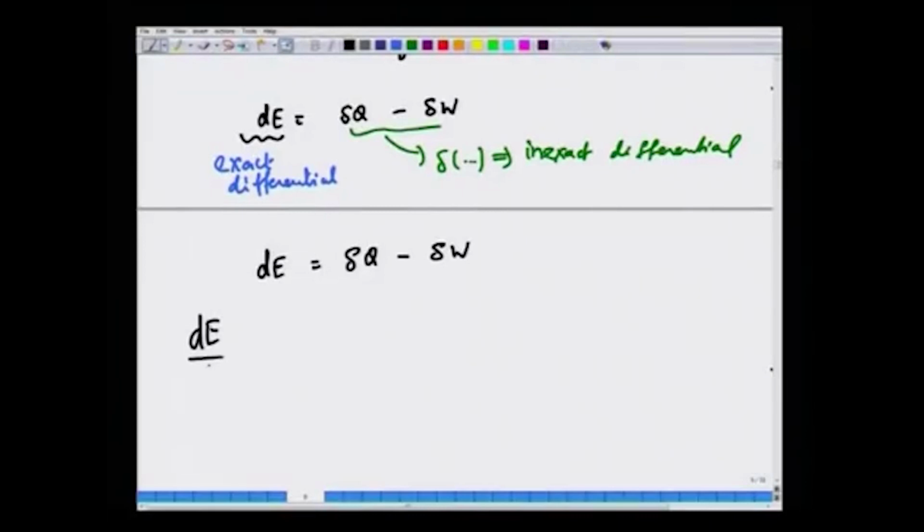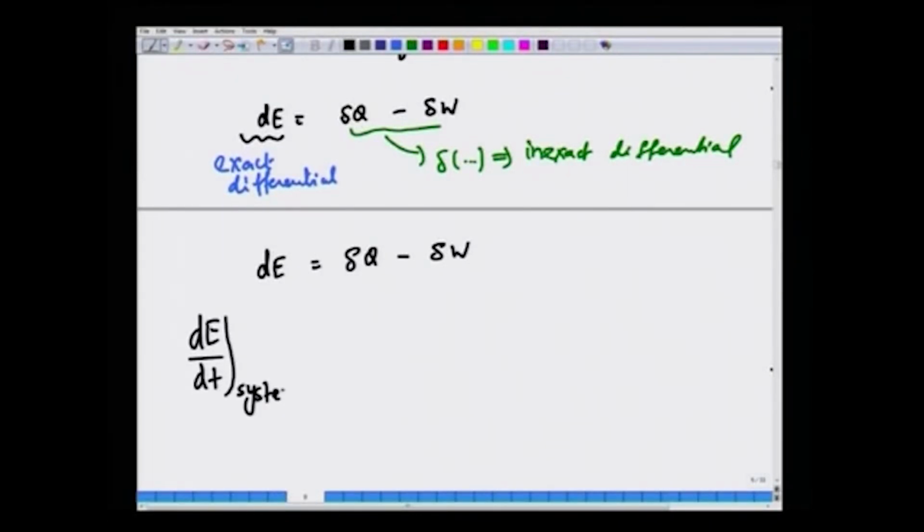Things happen continuously in many engineering operations. So we need to generalize this to a form in which we talk about the rate at which energy is changing in the system, the rate at which heat is transferred to the system, and the rate at which work is done by the system. So we are going to generalize this to a flowing system where things change with time continuously.